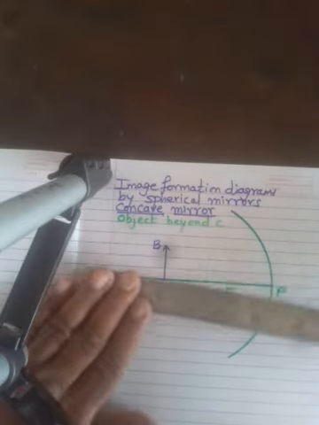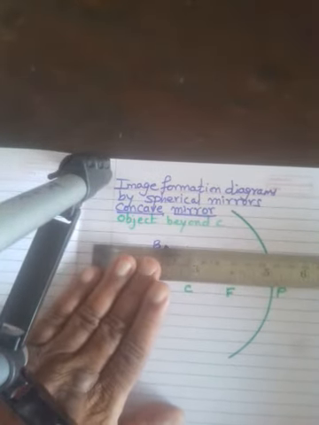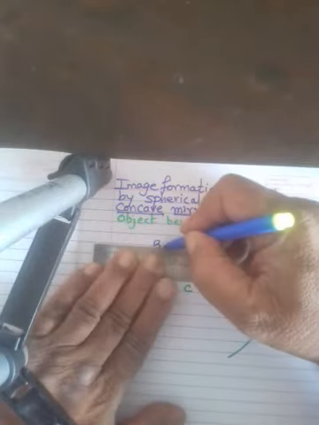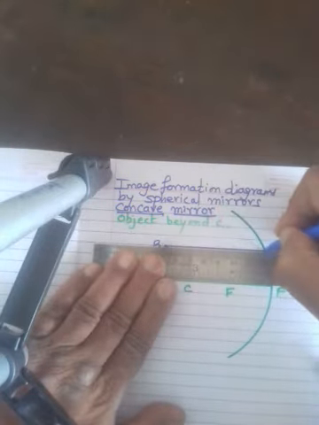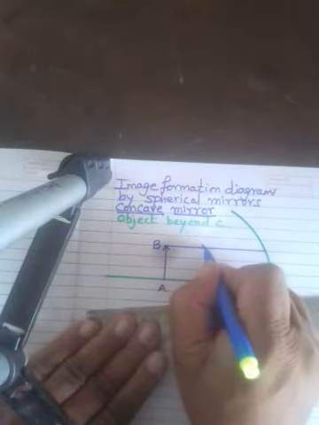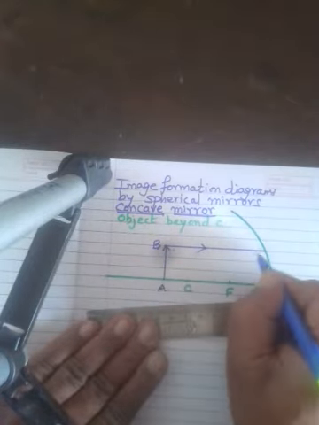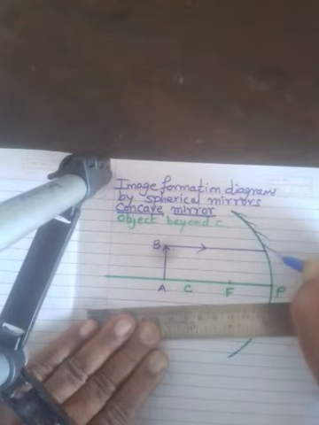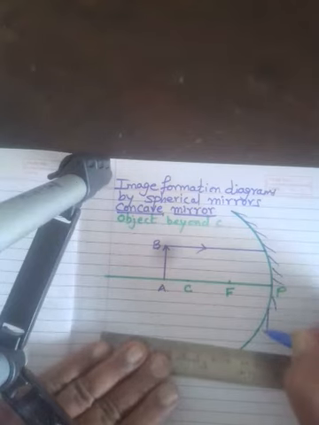Now from B I will take one ray of light which is parallel to the principal axis. This ray of light is coming from B towards the mirror parallel to the principal axis.